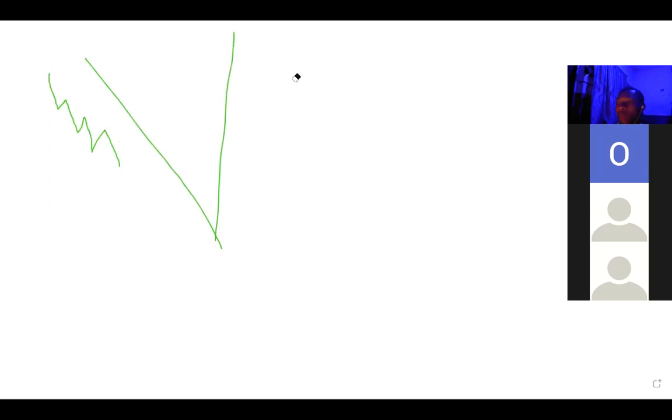Now, before this particular drop down, what happened? We know there's a particular bullish trend that goes up this way. Now, after the bullish trend, price does this. Price decided to break the market structure here.